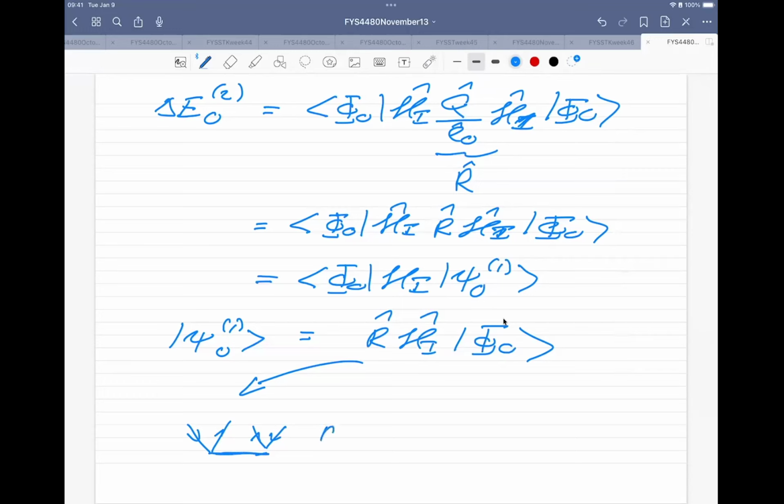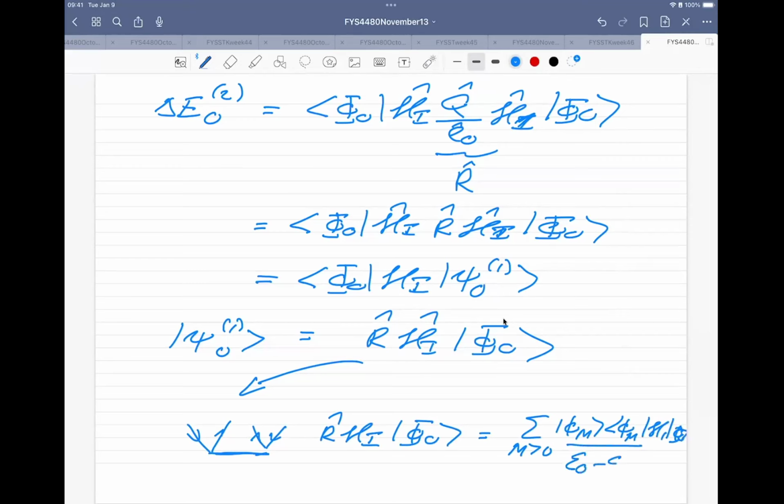So I'm acting with this R on H_I times phi 0. And in our case, this is given by these intermediate states with m larger than 0. I have phi m multiplied with the integral phi m H_I phi 0, and divided by the denominator. So this term which you see here is the same as this operator R.